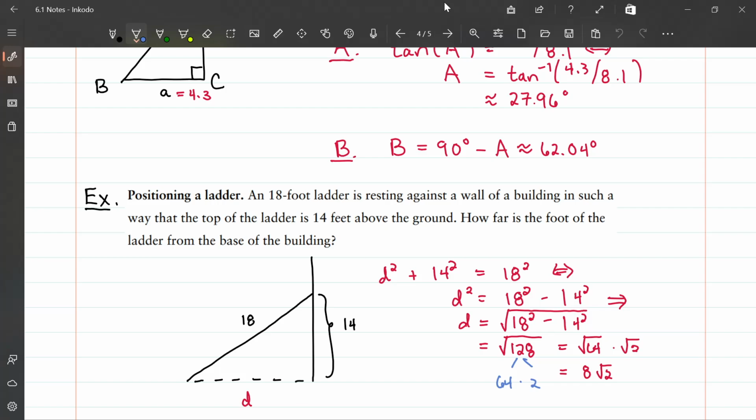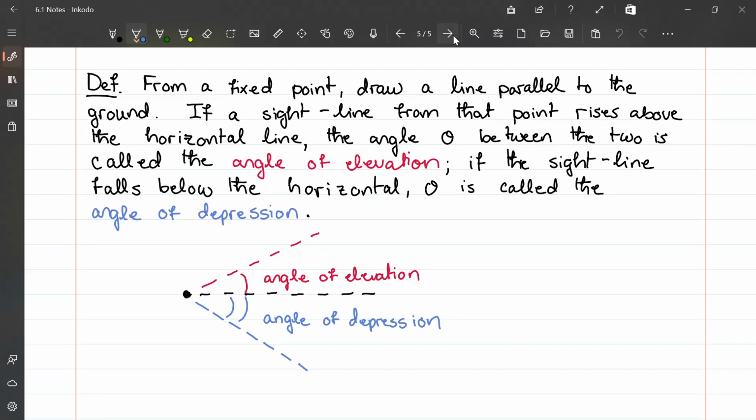Let's introduce a more interesting problem. And to do this more interesting problem, we need some new terminology. Now, I've written a lot here, and it will be worthwhile to read through it if you really want to firmly fix this information in your mind, but the picture really gives you the right idea. If I am observing from the fixed point here, the dark point, and this black dashed line represents a horizontal line, a line parallel with the ground, then if my line of sight goes above that horizontal, the angle between them that you see right here in red is called the angle of elevation.